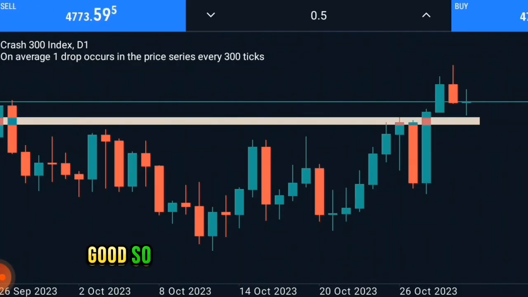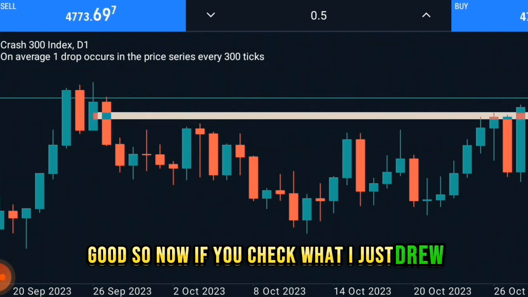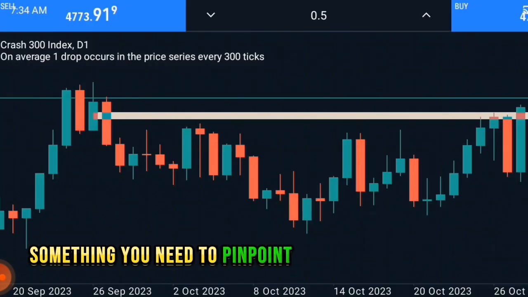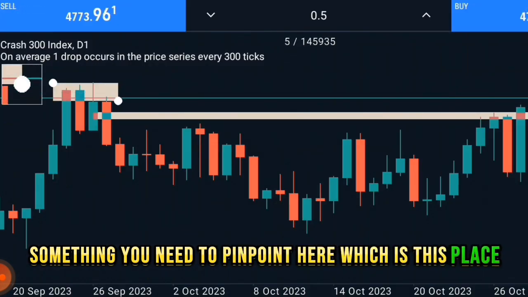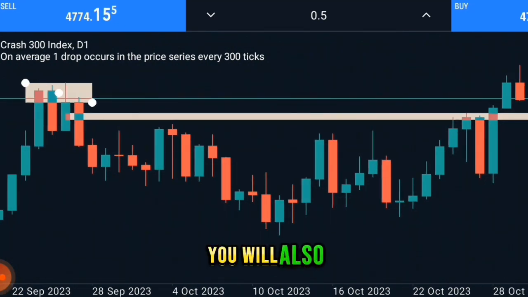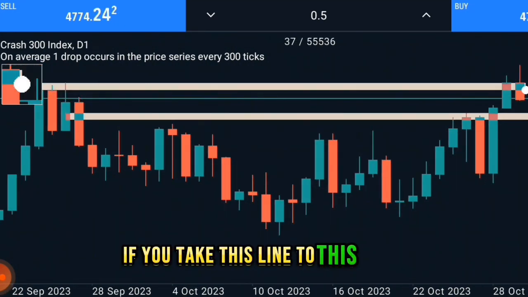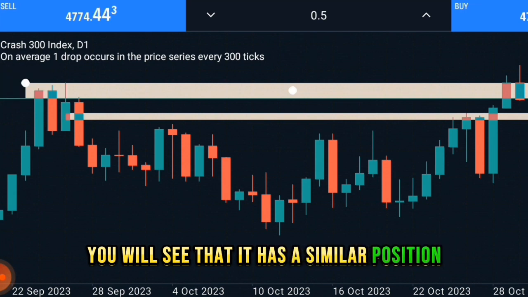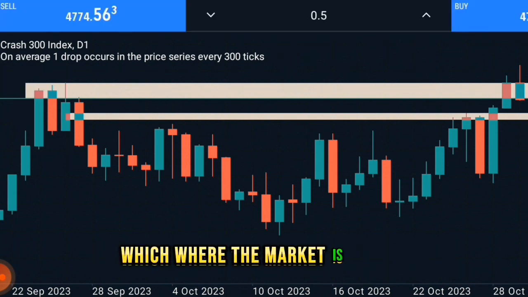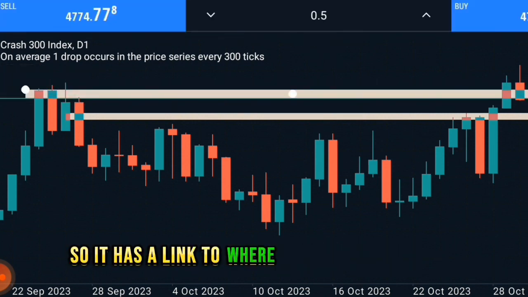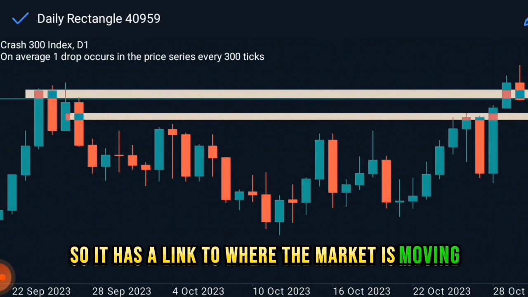Good. So now if you check what I just drew, you discover that there is another key thing you need to pinpoint here, which is this place. Good. If you take this line to this place, you will see that it has a similar position with where the market is moving. You get that? So it has a link to where the market is moving.